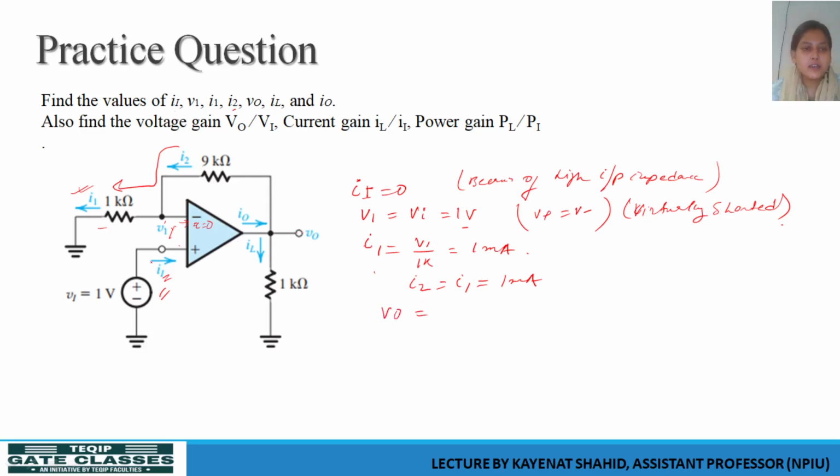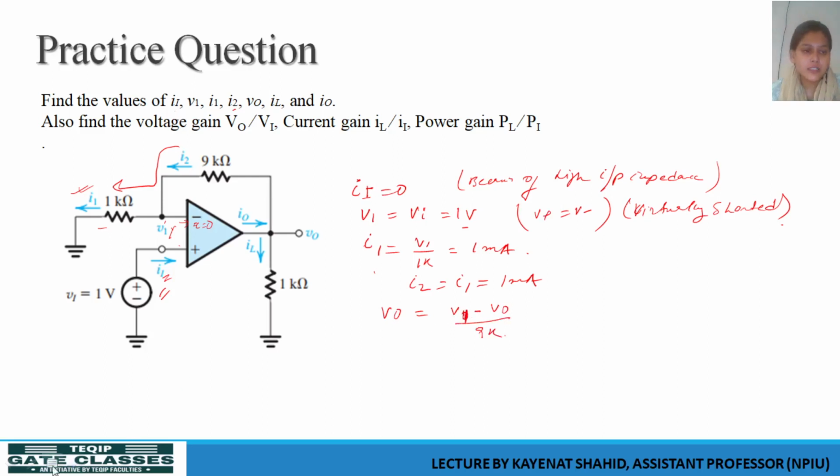Here we see that this is 1 volt, and I2 we know is 1 milliampere, so we can write V1 minus VO by 9K.